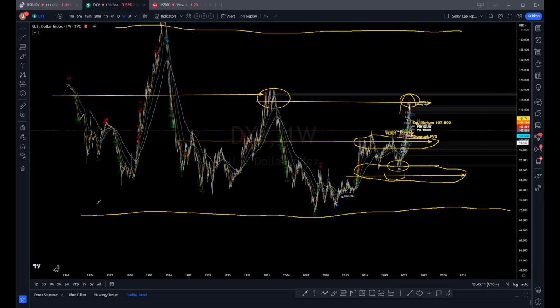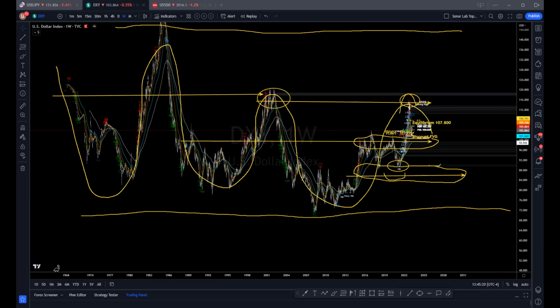So from an IMF standpoint, in international monetary fund policy perspective, the dollar is moving from this level. We are at the top, right? Or are we at the bottom of this swing? We're not at the ceiling, but we're definitely not at the floor.